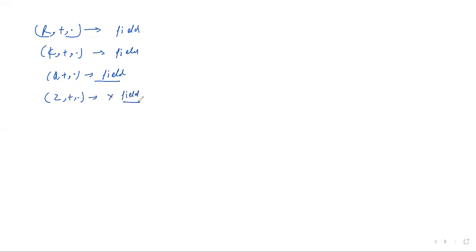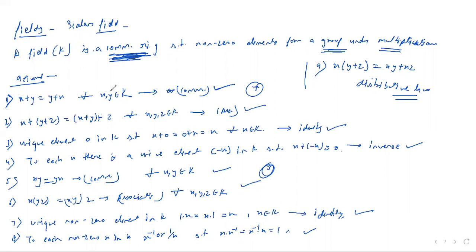Why? The set of integers is not a field because in the axioms we can see that the set of integers satisfies commutativity, associativity, identity, and inverse under addition, and the multiplicative ones too, but it doesn't satisfy the property that each non-zero x in K has an inverse, x inverse.